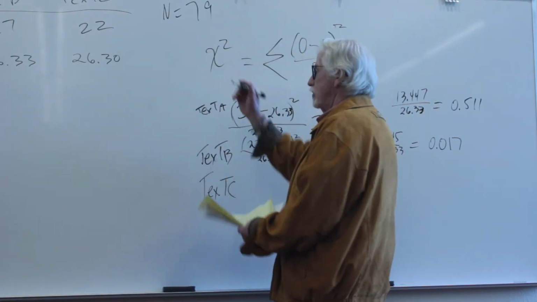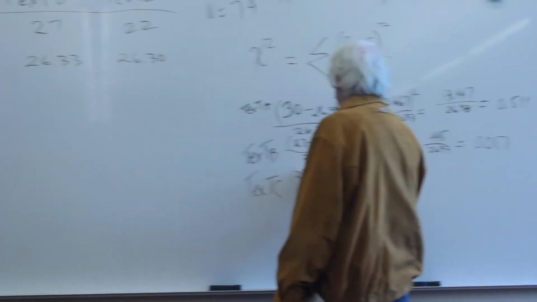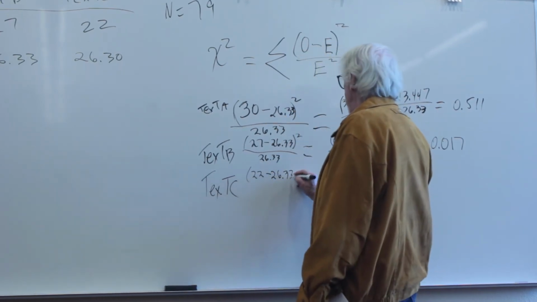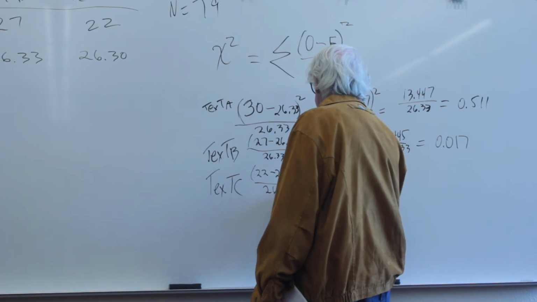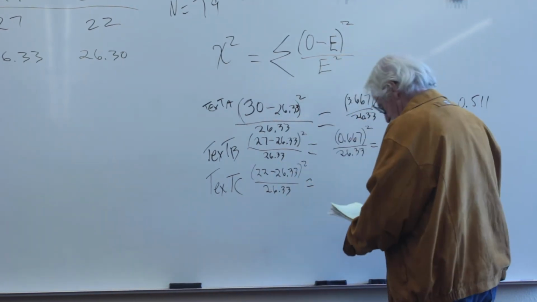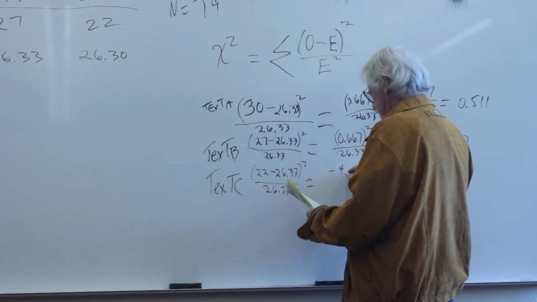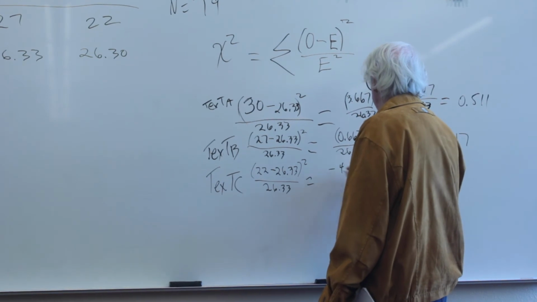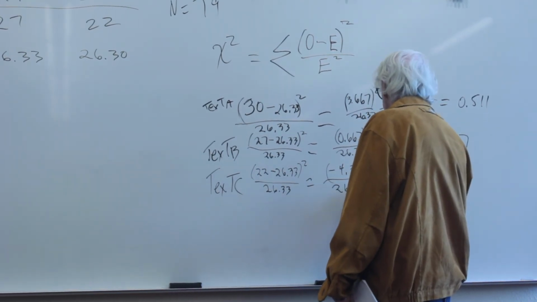All right, and now for text C. Same thing, nothing's changing. 22 minus 26.33 squared over 26.33, which is equal to negative 4.333 squared over 26.33, a lot of 0.33.